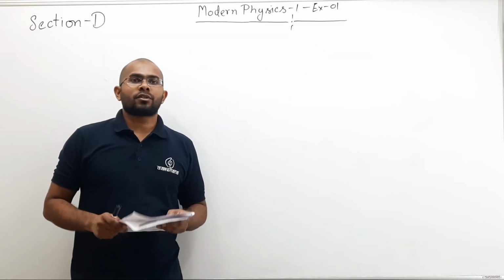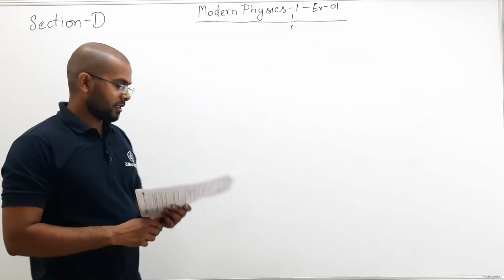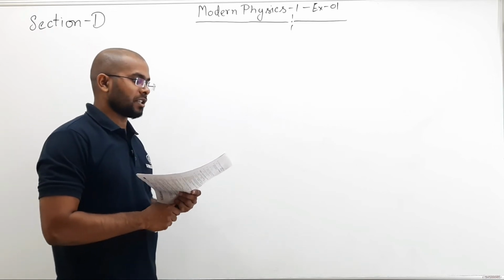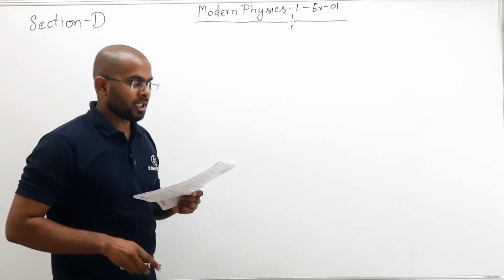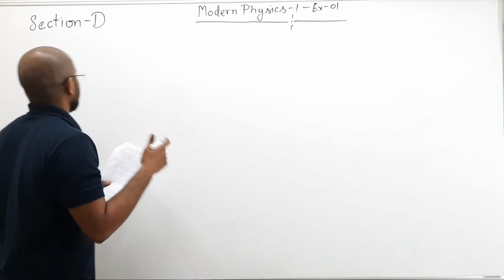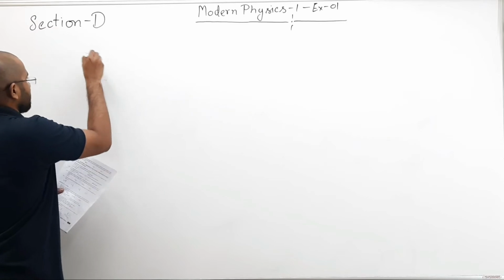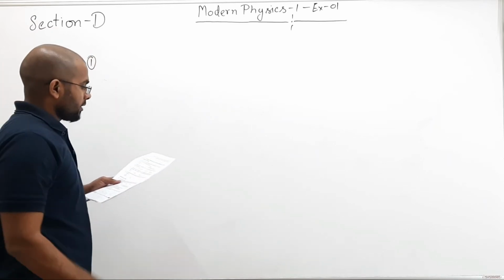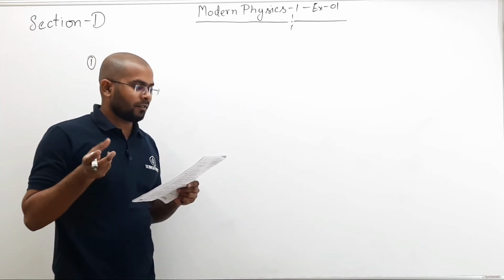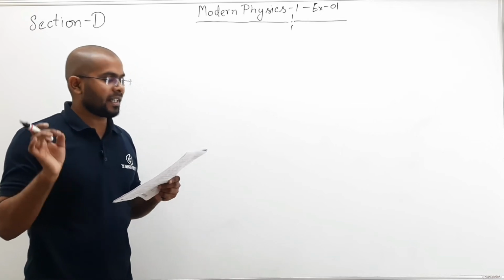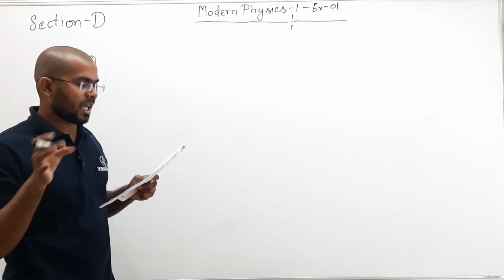Now let us discuss questions from Section D. Section D is electronic transition in hydrogen or hydrogen-like atoms. So what is the first question? 3 photons coming from an excited atomic hydrogen sample are picked up.